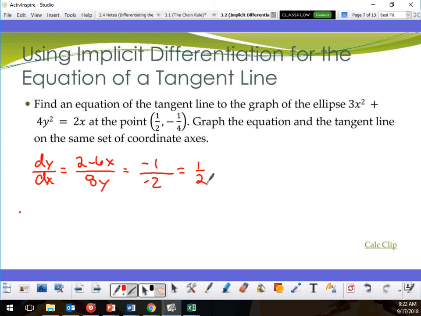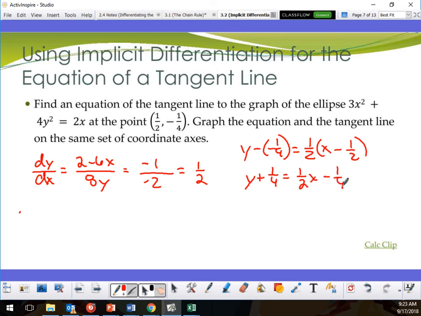So my equation is now y minus negative 1/4 equals 1/2 times x minus 1/2. So y plus 1/4 equals 1/2 x minus 1/4.